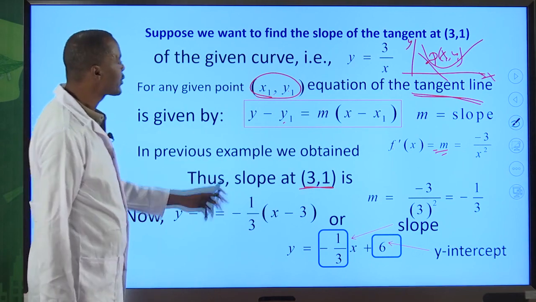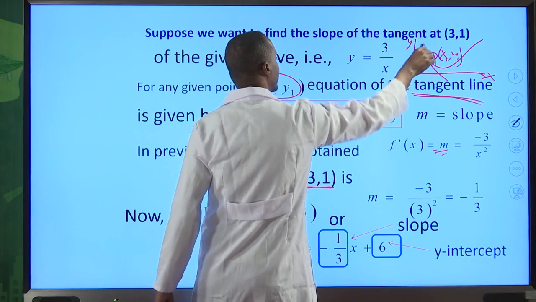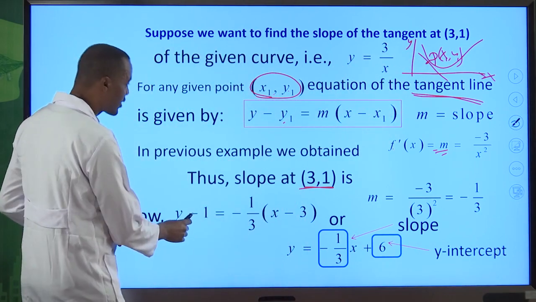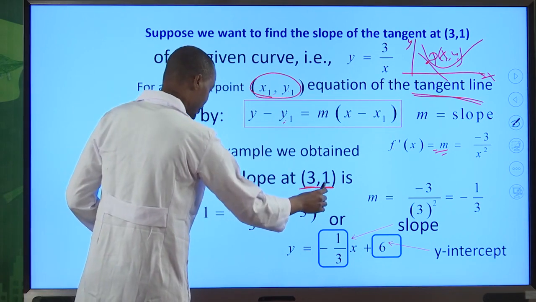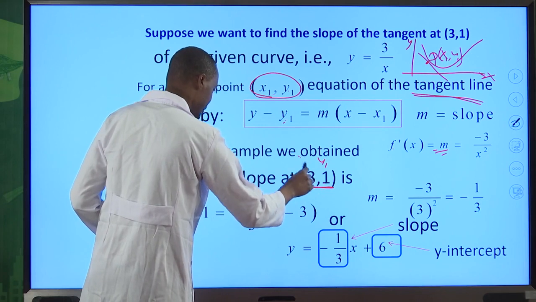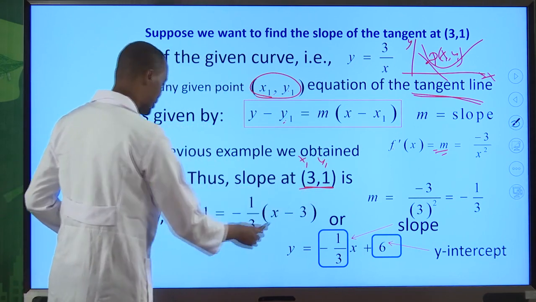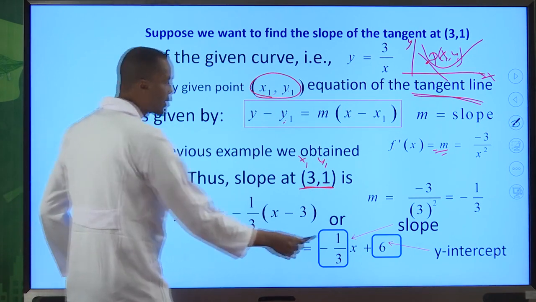Then if I wanted to find the equation of the line that is tangent to that curve at that specific point, it is y minus y1, that is y minus 1, equals minus 1/3. How is this minus 1/3?